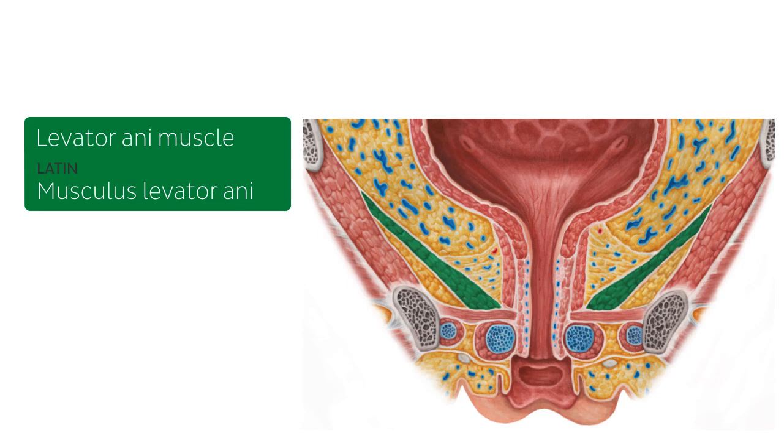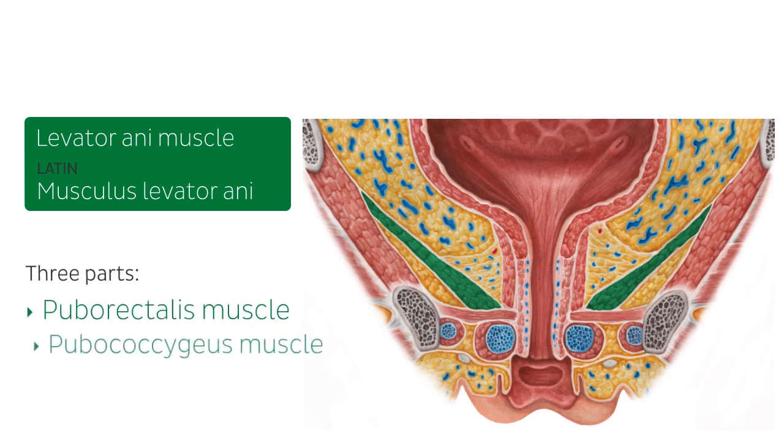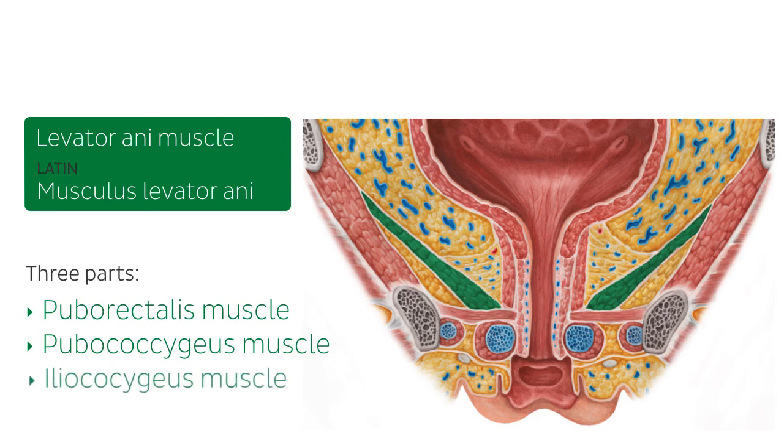It is a thin funnel-shaped muscle extending from the pubis and obturator fascia to the anus. If you remember, the levator ani is actually three muscles together, namely the puborectalis, the pubococcygeus, and the iliococcygeus muscle.